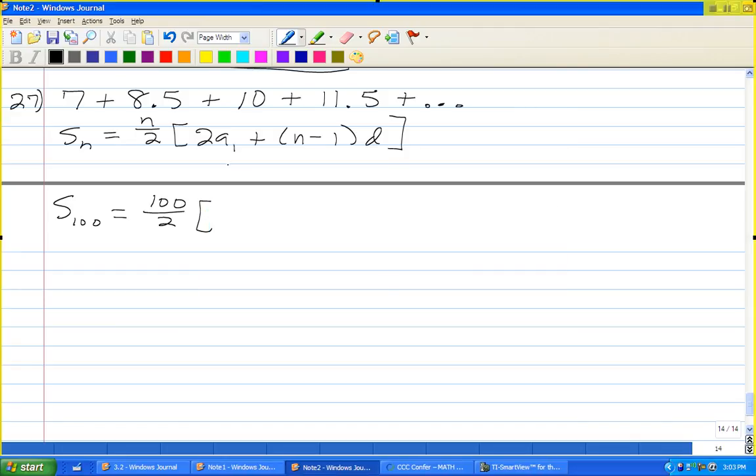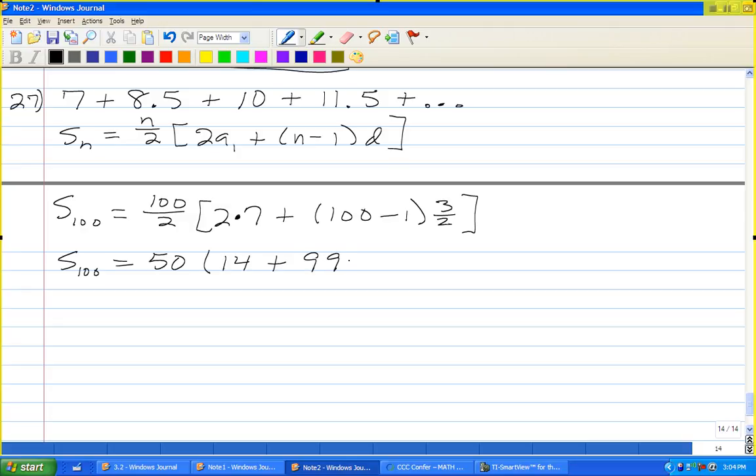The first term is 7. I'm adding up 100 terms. And the common difference is 1.5 or 3 halves. And so 100 divided by 2 is 50. 2 times 7 is 14. 100 minus 1 is 99.